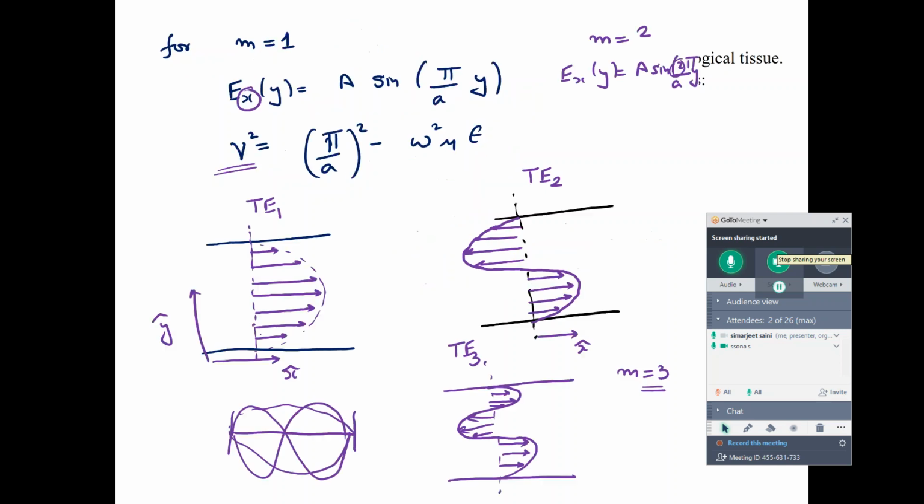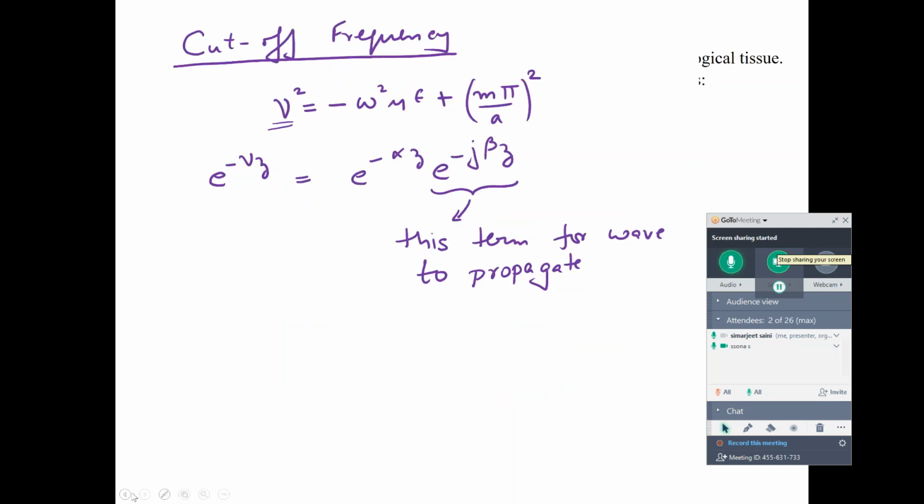So this gamma square term has to be less than 0. So when I take the square root of that term, I get the imaginary part out. Again, remember gamma is alpha plus j beta.